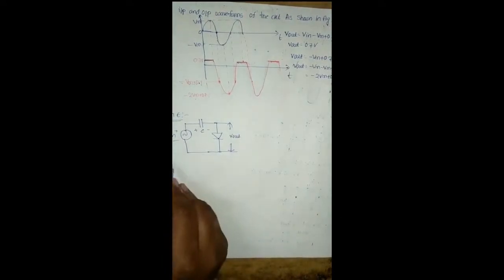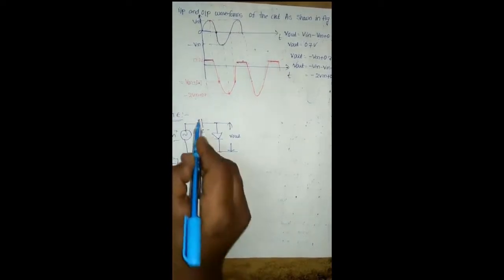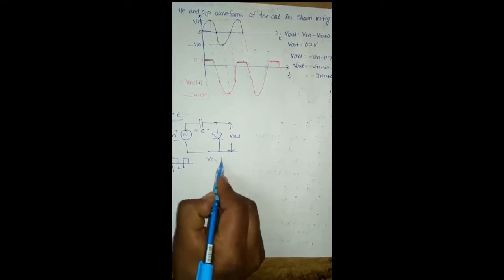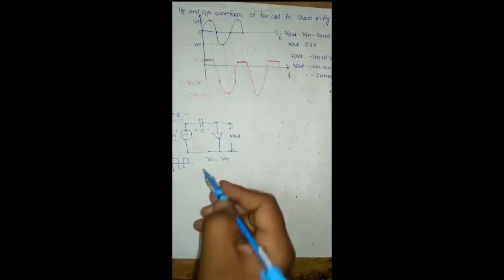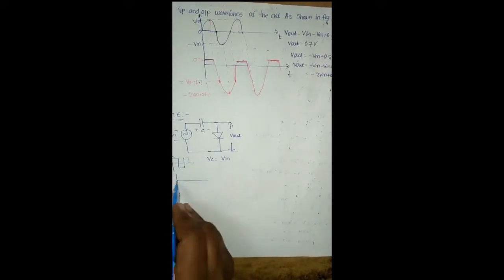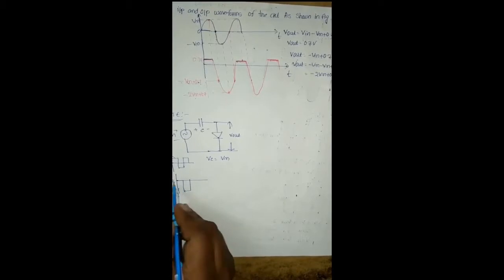For example, in the previous classes we gave a square waveform as the input, and this capacitor can store the voltage equal to Vm. The output voltage is clamped to the negative side, up to minus 2Vm, and here we get the output equal to 0.